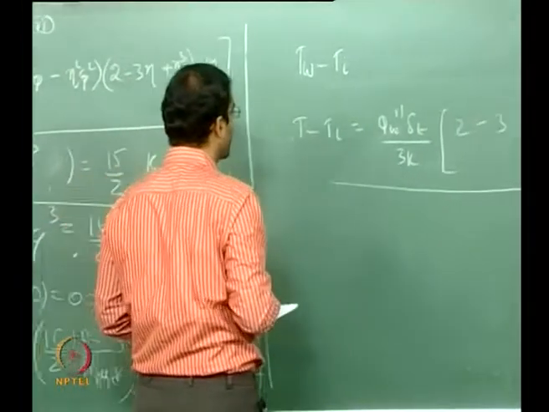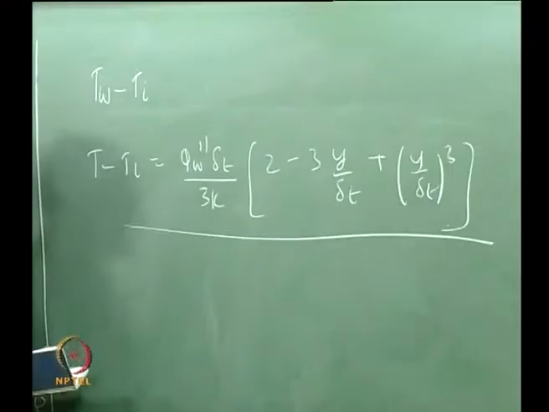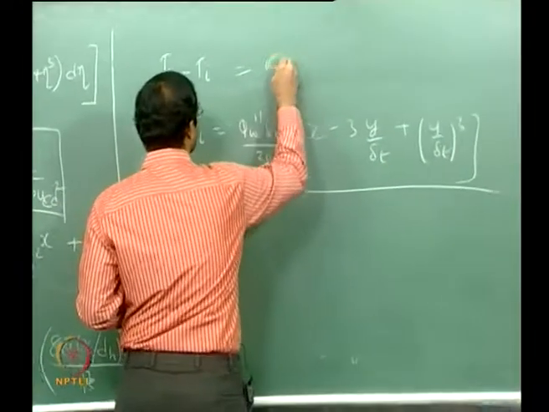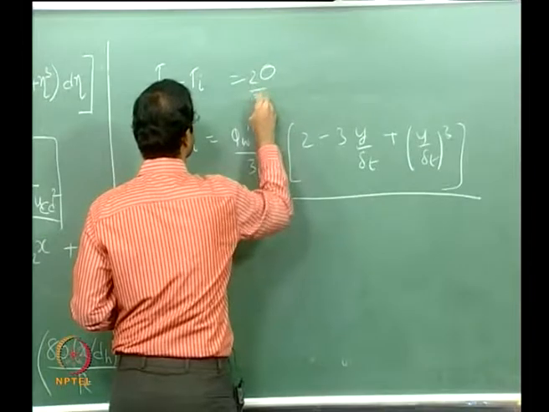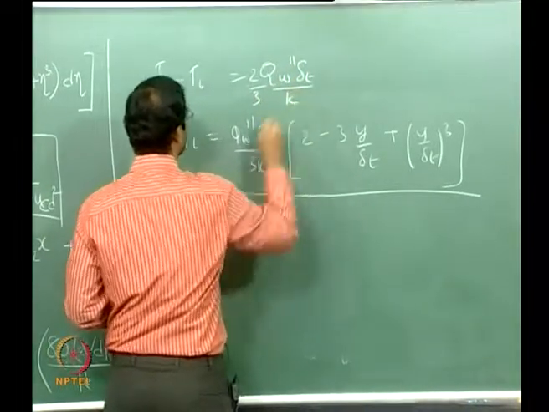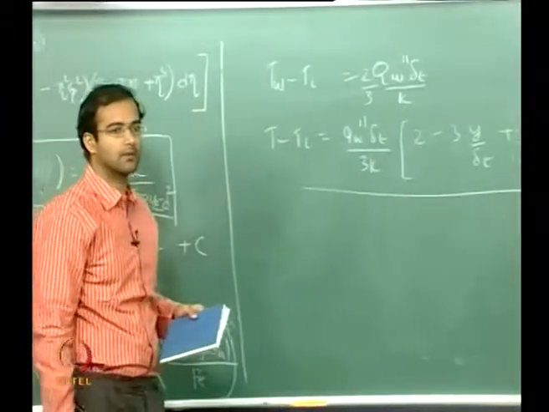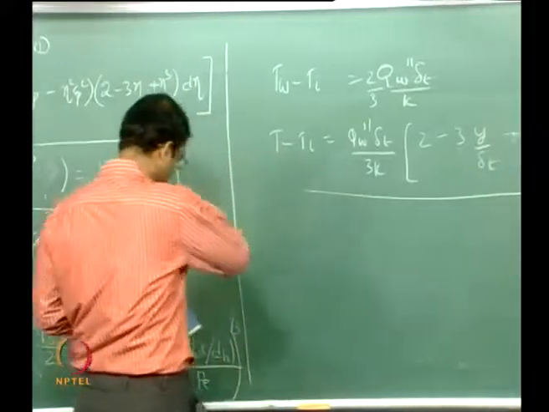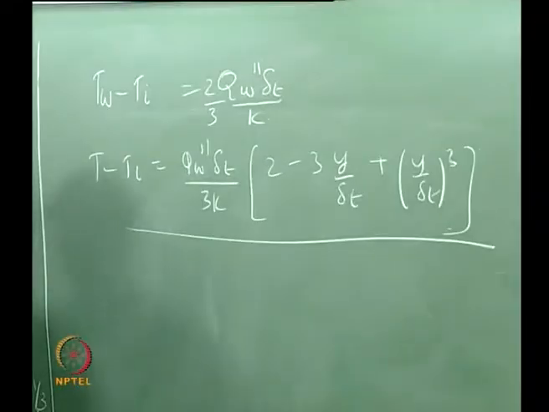Now from here I can calculate T wall minus Ti, that is at y equal to 0. That is 2 by 3 q wall double prime delta T by k, the other two terms are 0. And I can also calculate my mean temperature.